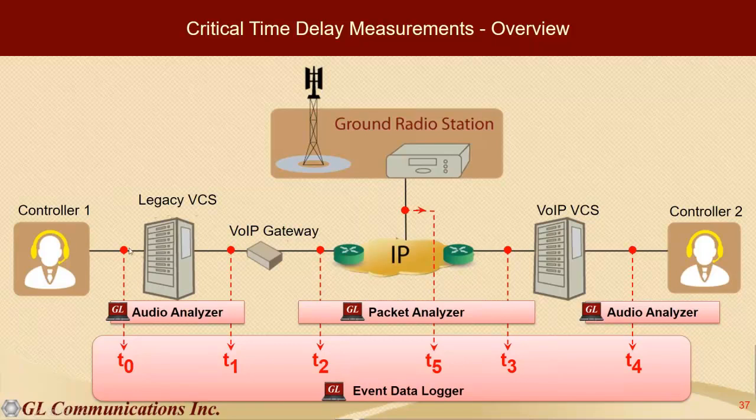When the audio starts and stops, when you mute and unmute, we can look for those types of things. We can look for different events throughout this network. There's many to choose from, and we can do that. So that's the summary of how we're doing our critical time delay measurements.